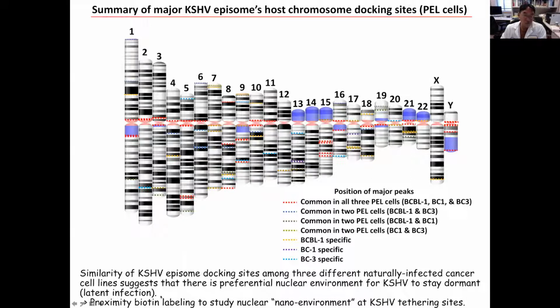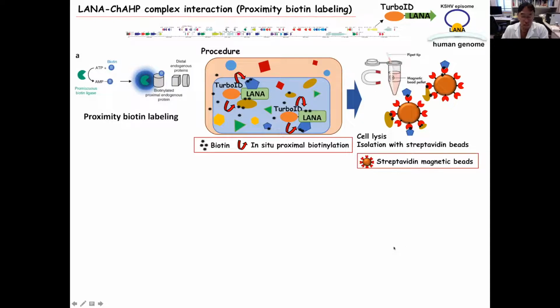So we performed proximity biotin labeling to study what the nuclear microenvironment is at the KSHV tethering site. What is proximity biotin ligation? This is TurboID, the biotin ligase. First, we fuse it with the LANA protein, which is important for tethering to the host chromosome. In the presence of D-biotin in the tissue culture media, this ligase will biotinylate surrounding proteins.